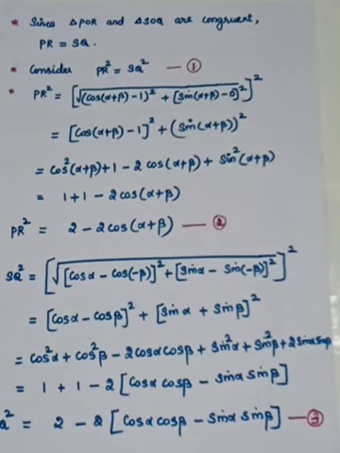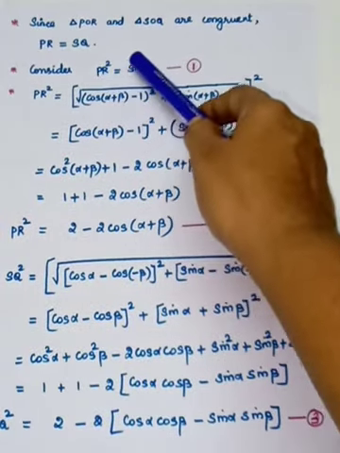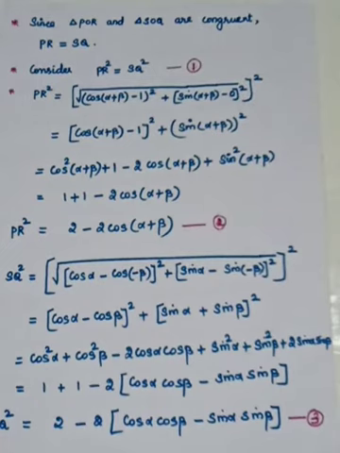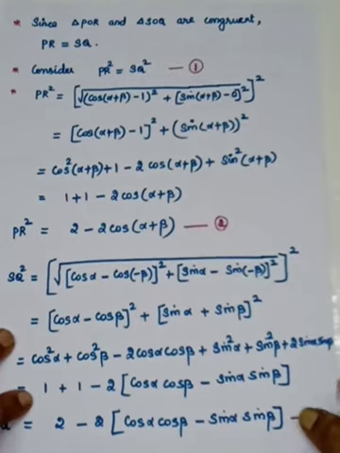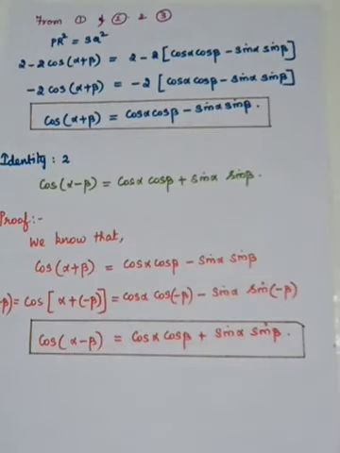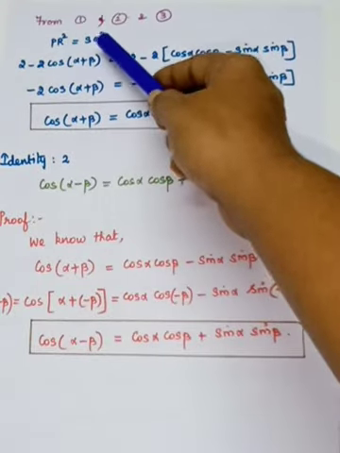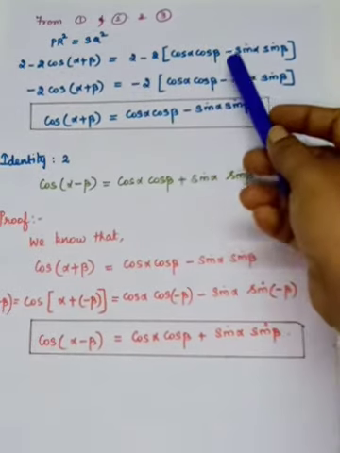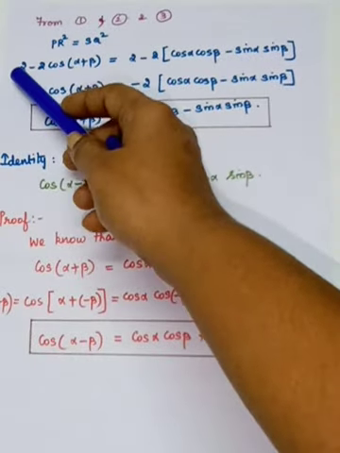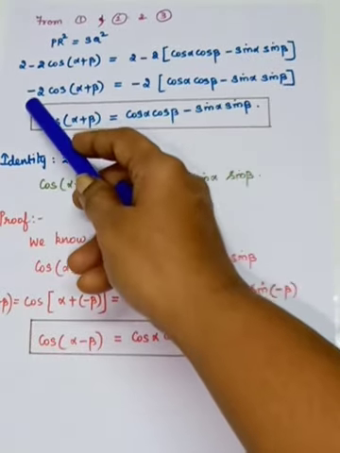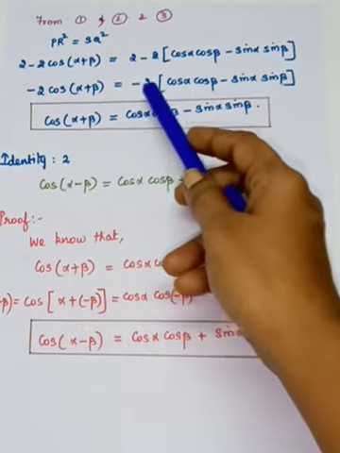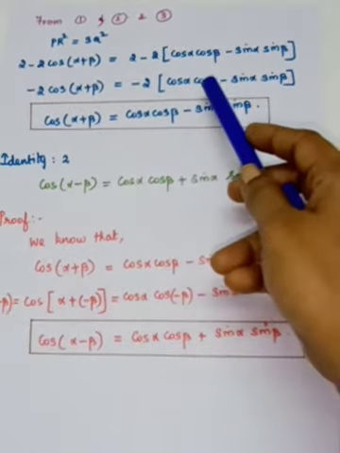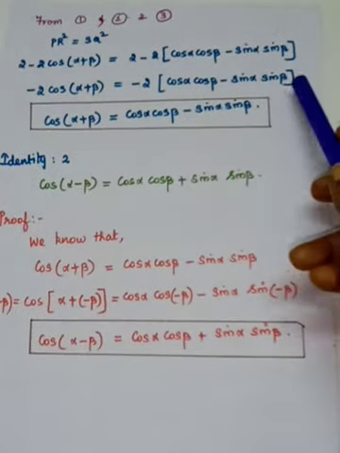In the first result, what do you know? PR squared is equal to SQ squared, so we have to equate them. From 1, 2 and 3, I have substituted what PR squared is and what SQ squared is. First you have to cancel these two. The remaining is minus 2 cos of alpha plus beta equals minus 2 times cos alpha cos beta minus sin alpha sin beta.